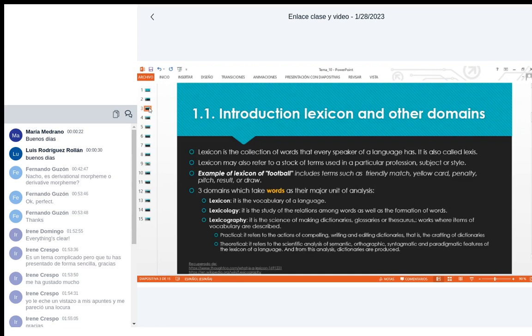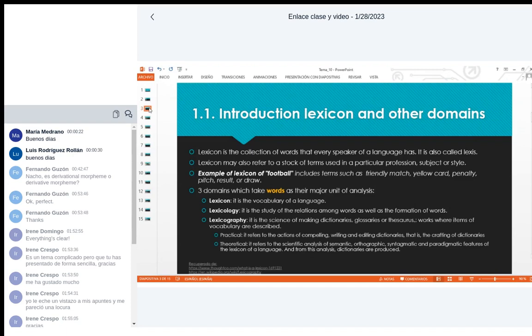So theoretical lexicography regards not the fact of compiling words and saying, hey, this new word has appeared, but rather the study of how we analyze this word and how we include it in the dictionary. And from this scientific aspect of making dictionaries, then we craft the dictionaries.